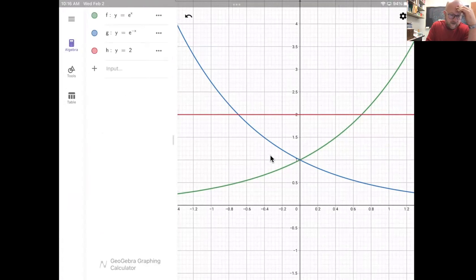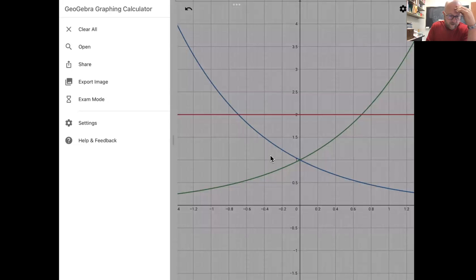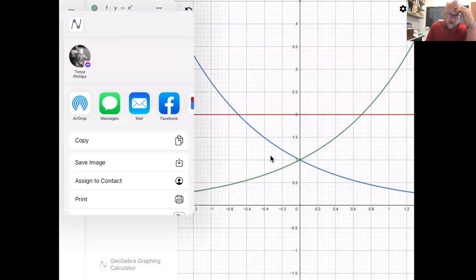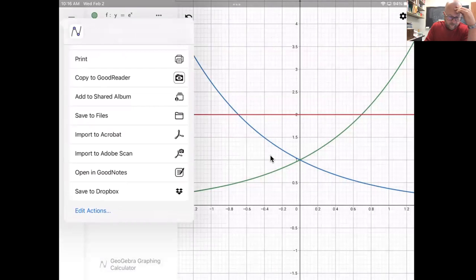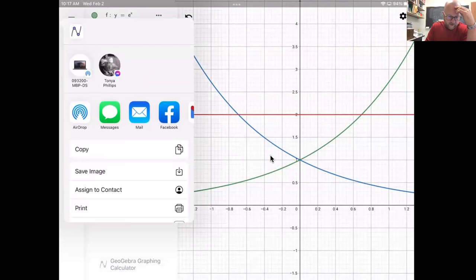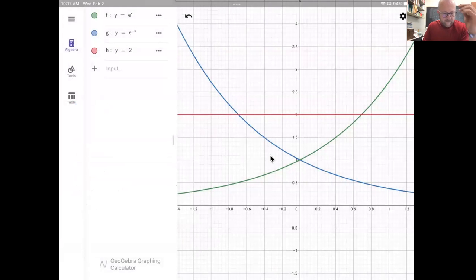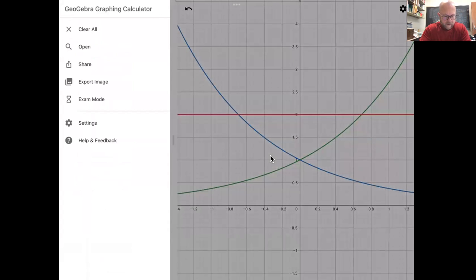So it's over here. I want to export the image, and okay, I will. Okay, I'll copy to GoodNotes. That's not really what I want to do. I'm sorry, my actions are not showing me what I need on this. So, exam mode settings.